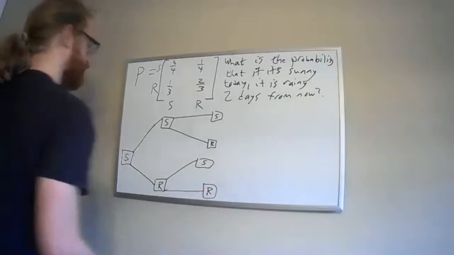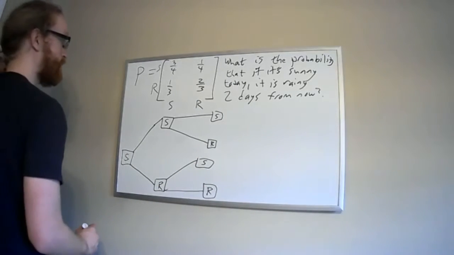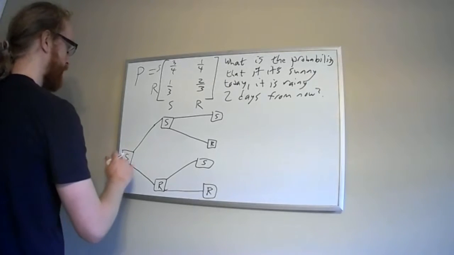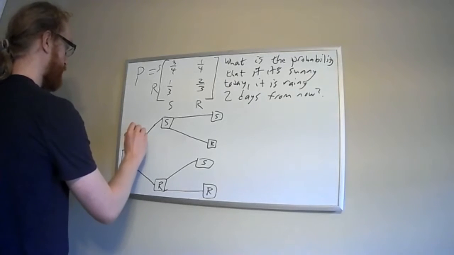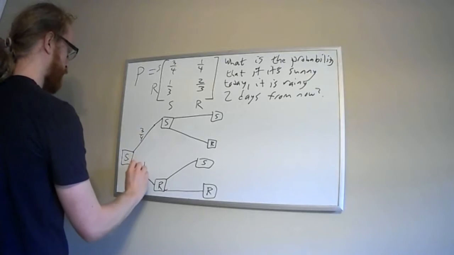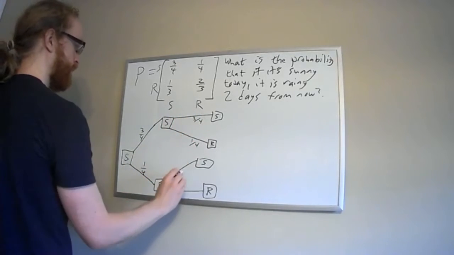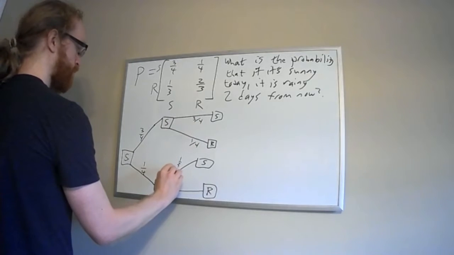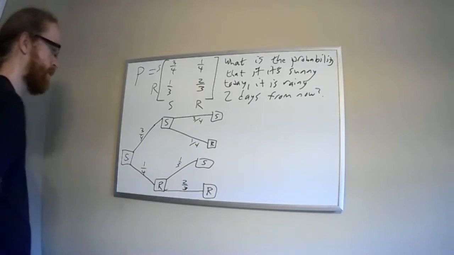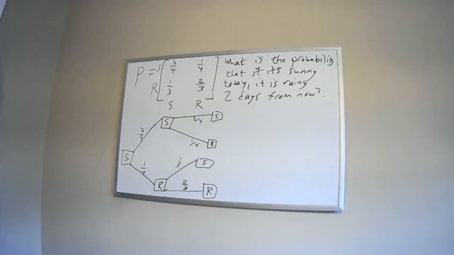So maybe our tree diagram looks like this. And I need to label the edges. And the edges should have what? This should be 3/4, 1/4, 3/4, 1/4, 1/3, 2/3. All right, so we just labeled the different probabilities.